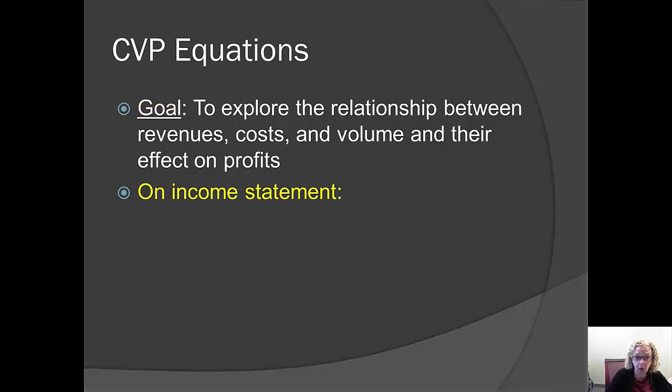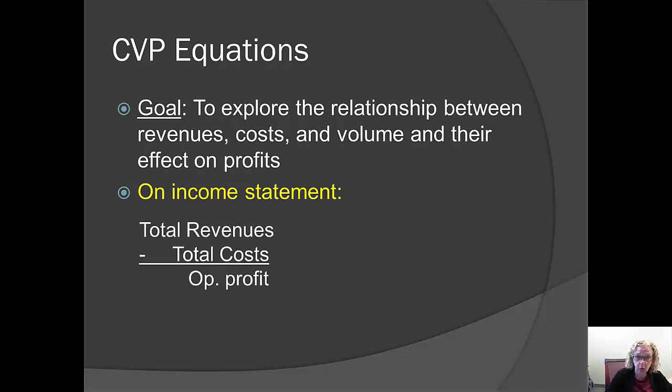Now, we already know that on the income statement, total revenues minus total costs equals operating profit. So we could say TR, total revenue, minus TC, total cost, gives us our profit.